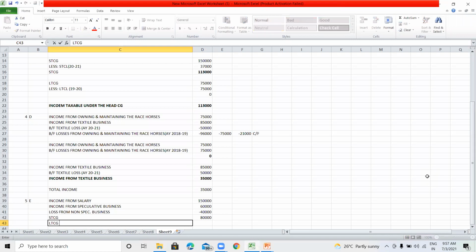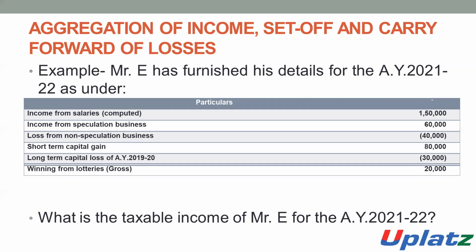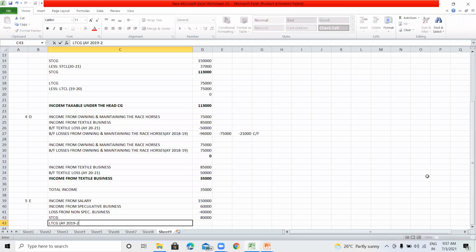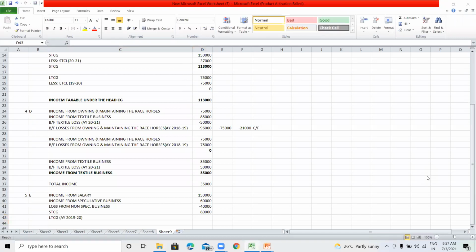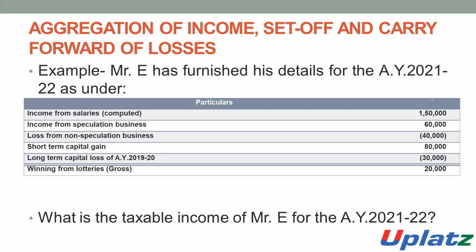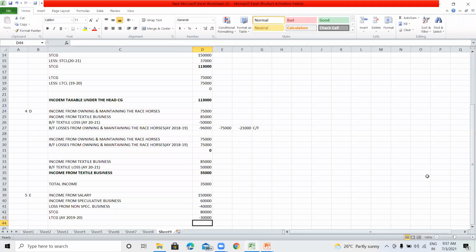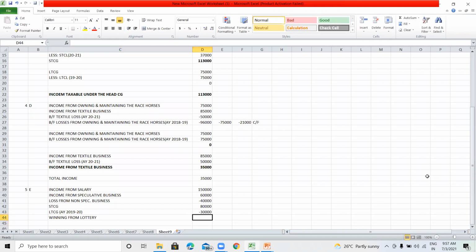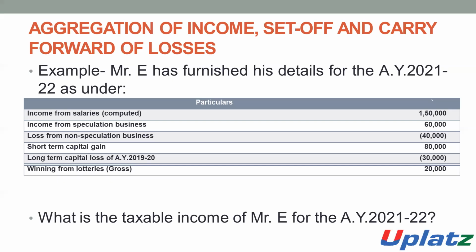Long-term capital loss for the assessment year 2019-20, 30,000 rupees. And winnings from lottery 20,000 rupees. This is the total detail furnished by Mr. E.